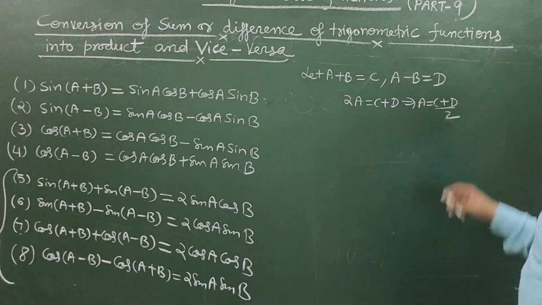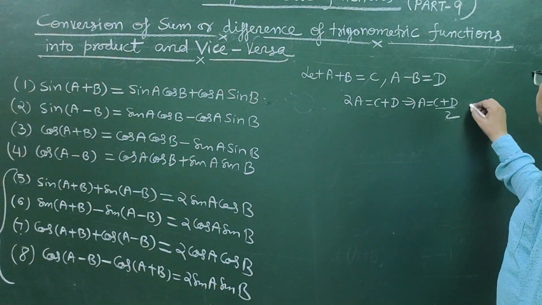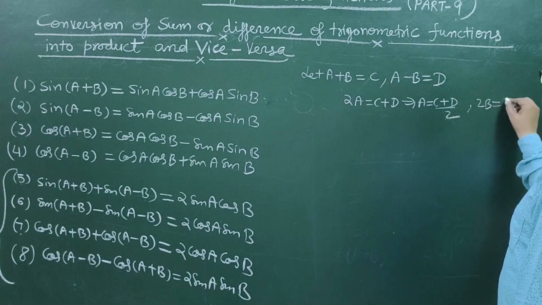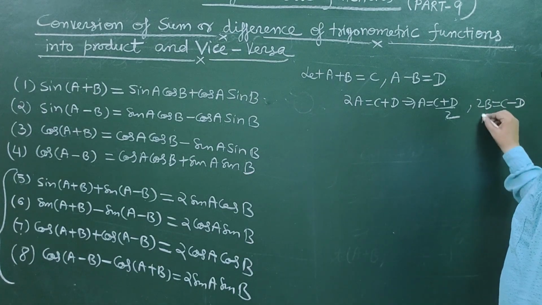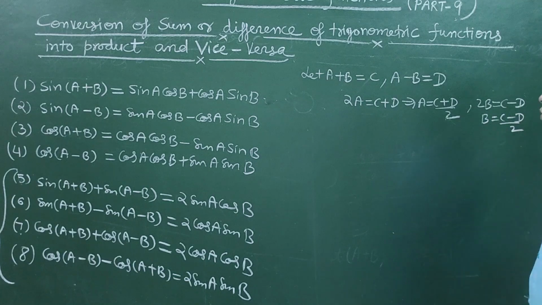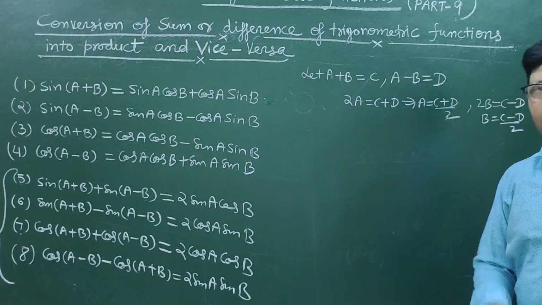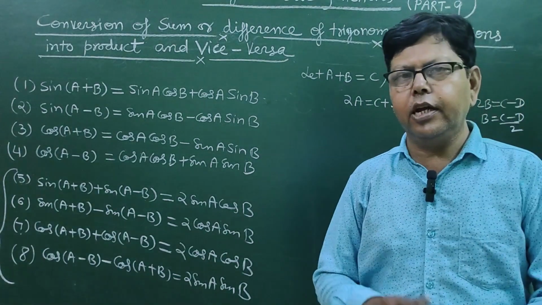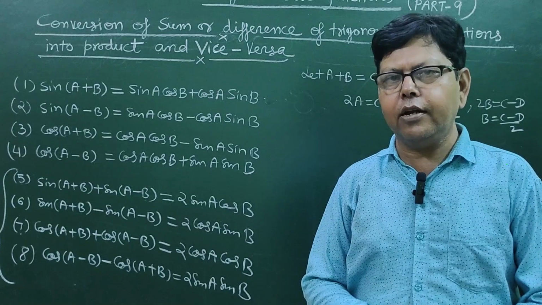Similarly, on subtracting, we get 2b is equal to c minus d, or b is equal to c minus d upon 2. Means we have got the values of a and b in terms of c and d.